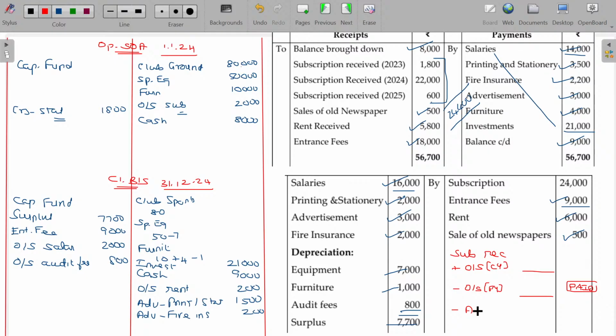Minus advance of the current year, we have advance of the current year, right? So I adjust this one. Here is 2025 related subscription 600 being advance of the current year. It should be subtracted. Then minus outstanding of the previous year paid. Okay. Then finally you have subscription income.